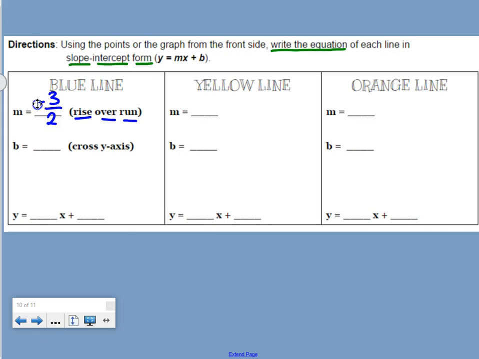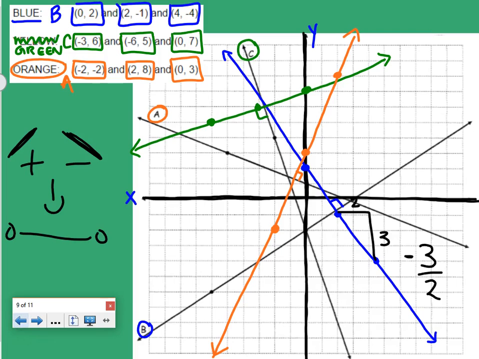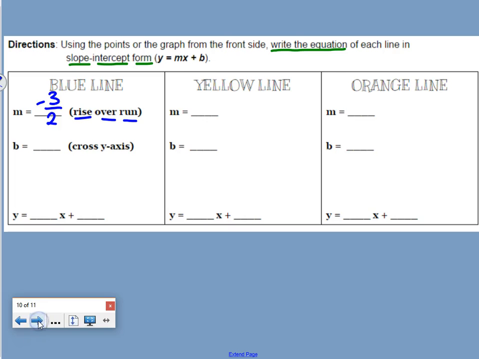Then we need our y-intercept. So if we look, where does it cross the y-axis? That would be right here at 2. So we can put b as 2. So y equals negative 3 over 2x plus 2.